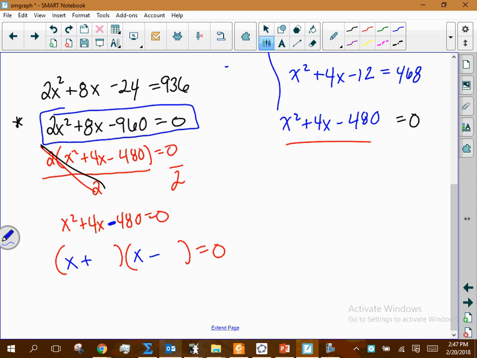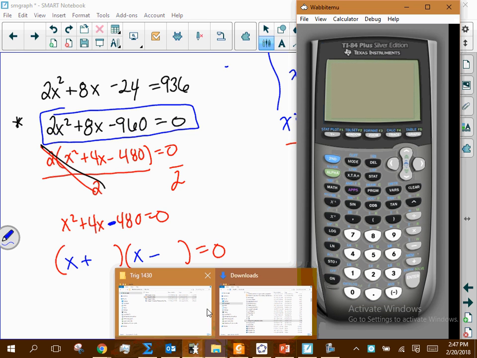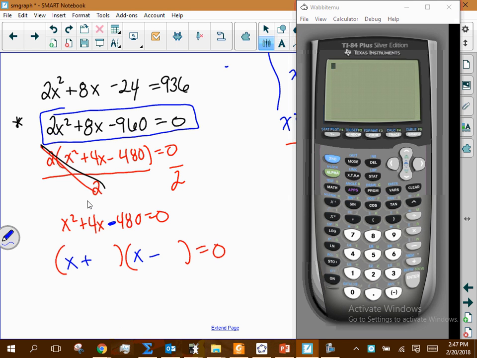I can't explain why my brain does that, but maybe some of you can see that. If you don't see something like that, there are approaches that you can use to get to those factors in the same time frame. Okay? If this number is relatively small, okay? Now 4 is pretty small, right? Especially compared to 40 or 480.